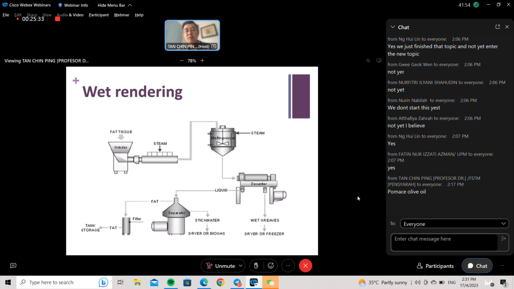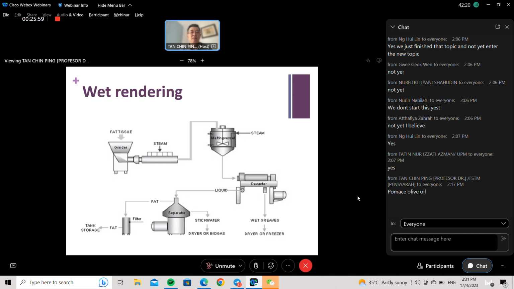So industry will collect this sticky water and further evaporate out the water, left with the protein, usually in the form of gelatin. And gelatin is also widely used in food and non-food applications, such as for encapsulations of drug or supplement and so on.